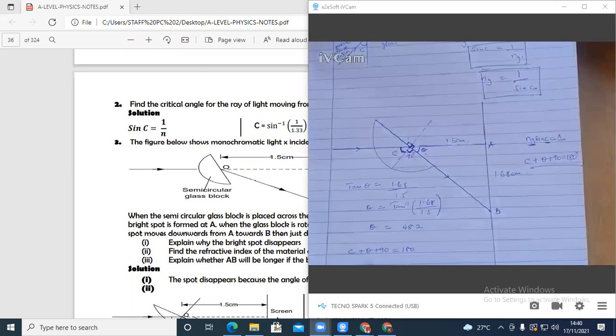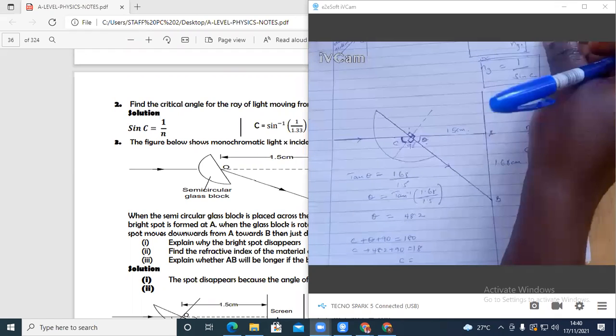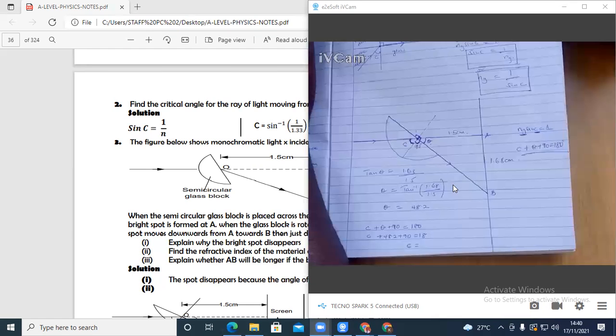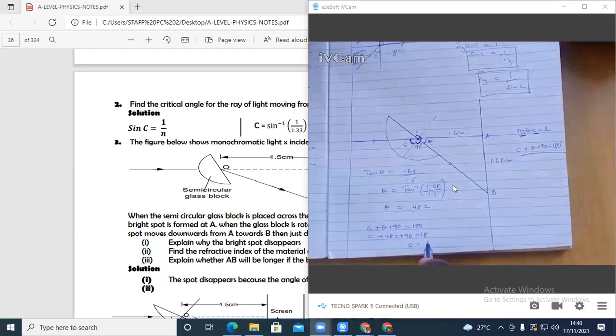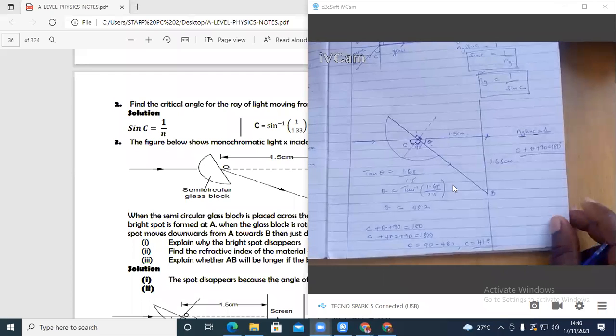Since theta is 48.2, we shall find C plus 48.2 plus 90 equals 180. So it means that our C equals 90 minus 48.2, which is 41.8.